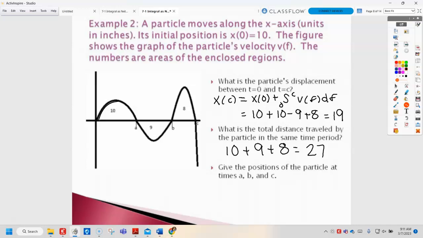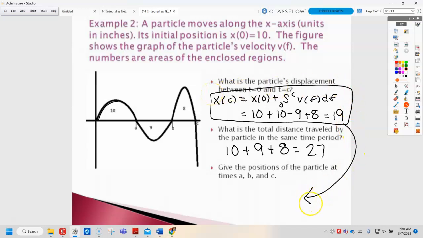Give the positions of the particle at A, B, and C. So x of C, which is this, kind of comes down here. And then A is 20.